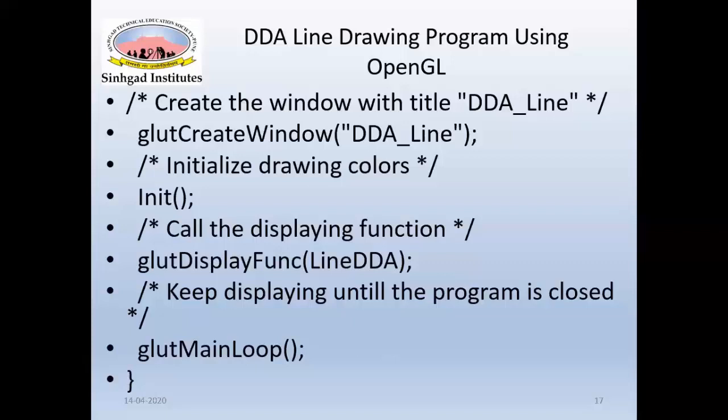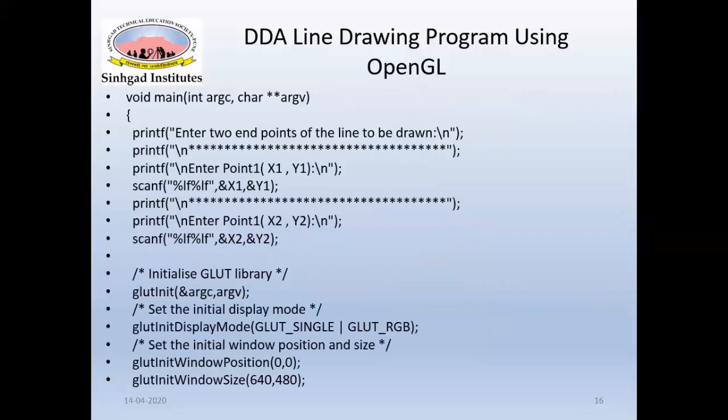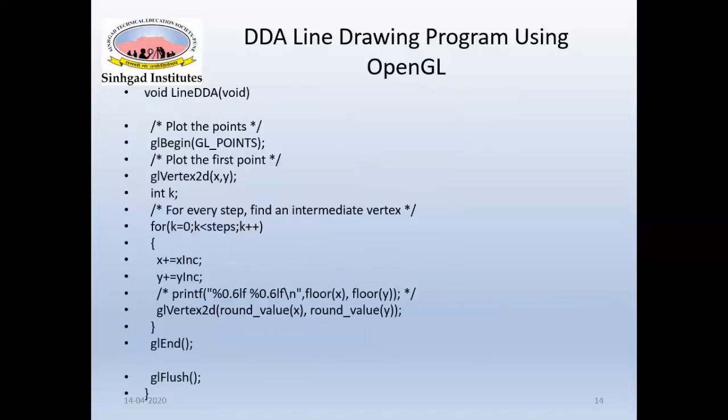And for displaying until the program is closed, we are going to call lastly glutMainLoop. And with this, we get the output, that is a line drawn from x1, y1 to x2, y2, which we already completed in the first assignment, that is DDA line drawing using polygon.